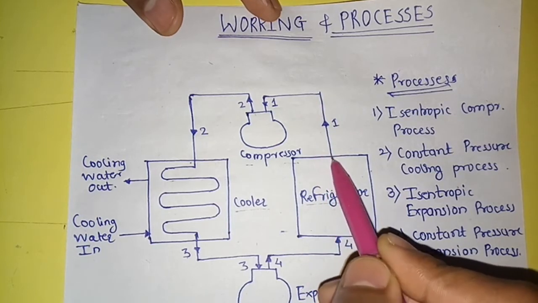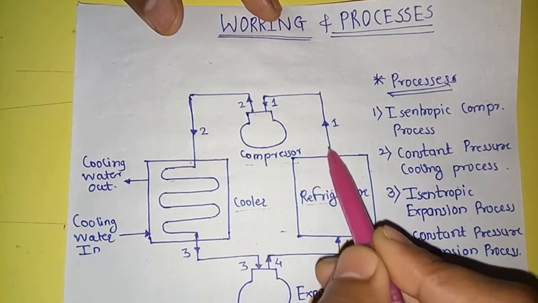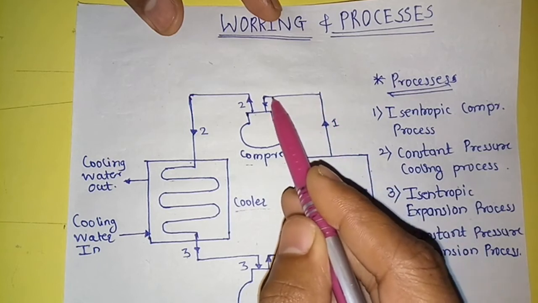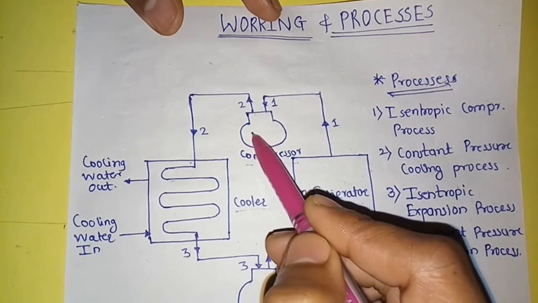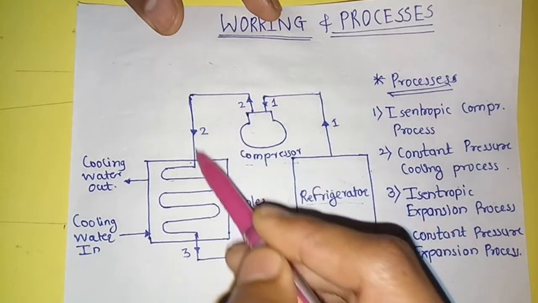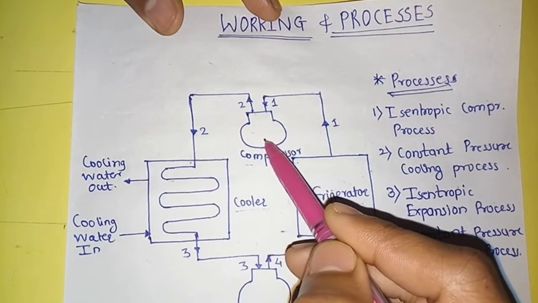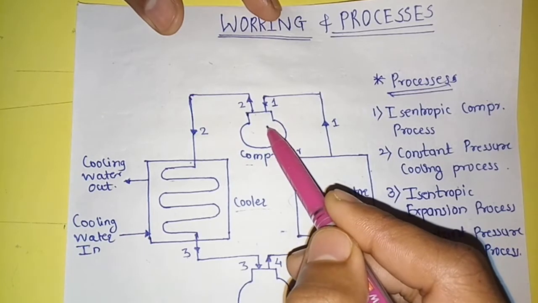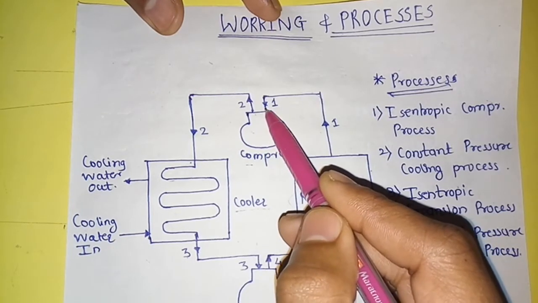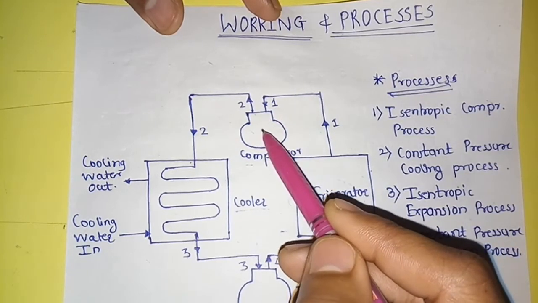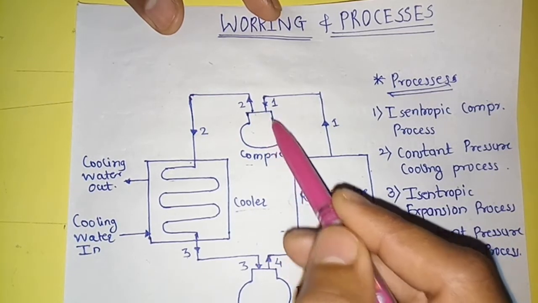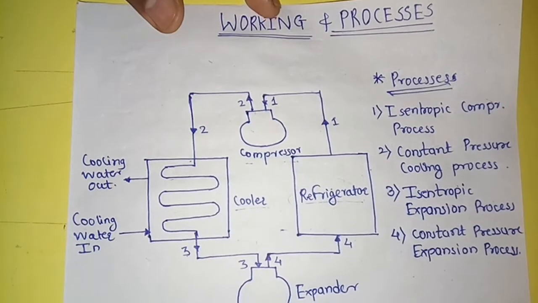The compressor sucks the cold, low temperature, low pressure air from the refrigerator and compresses it to the cooler pressure. During this process, the pressure and temperature of the air increase from point 1 to 2 and the specific volume of the air decreases from point 1 to 2.